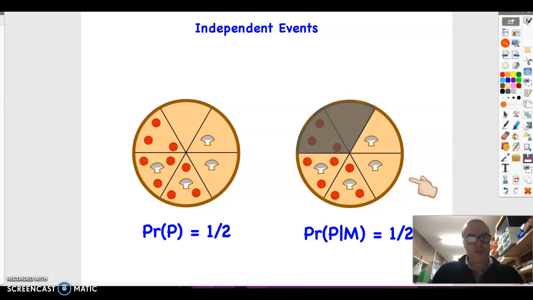So the condition that we have mushroom on our piece of pizza did not affect the probability that we're going to end up with pepperoni. And so in this case, we would say the events of getting pepperoni and getting mushroom are independent of each other. The presence of one condition doesn't affect the probability of the other.